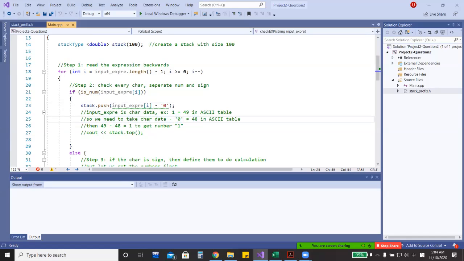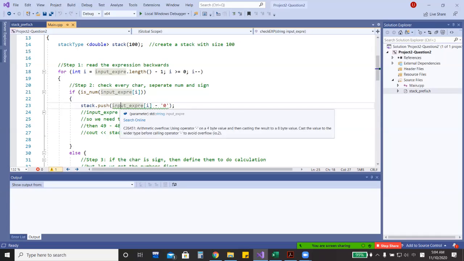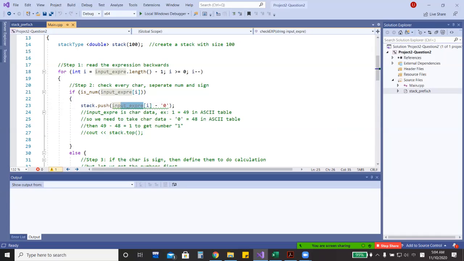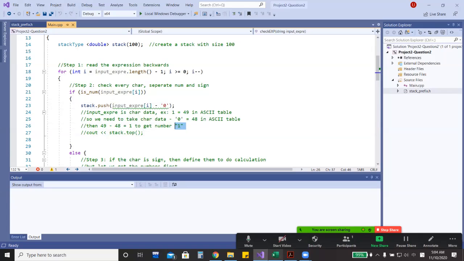So if my character is 1 and I minus 0, that is 49 minus 48, then I get 1. That is exactly the input value that I want, so I can just push that number into my stack. Then I will be able to do the calculation in the future steps.